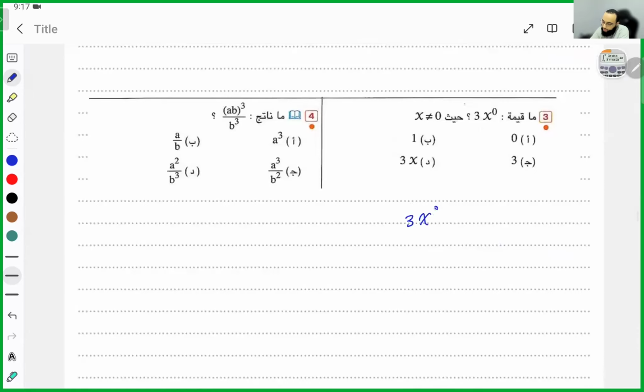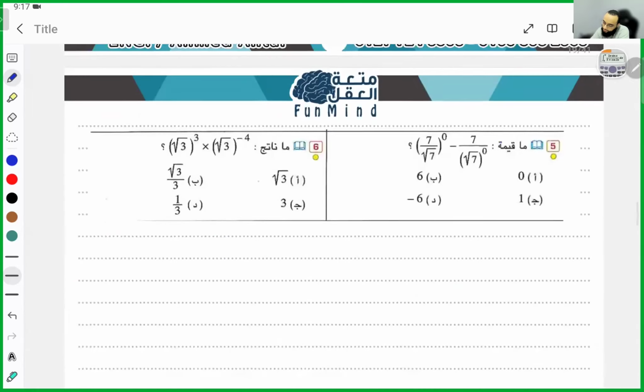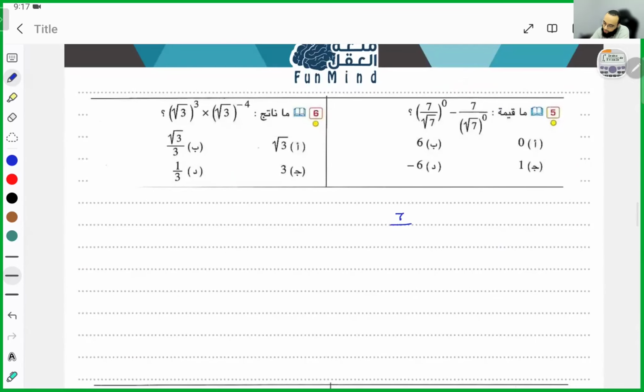3x power of 0 is 3 times 1, which is 3. a b, all power of 3 over b power of 3, that is a power of 3 b power of 3 over b power of 3, which is a power of 3. 7 over root 7 power of 0 minus 7 over root 7 power of 0. Take care.